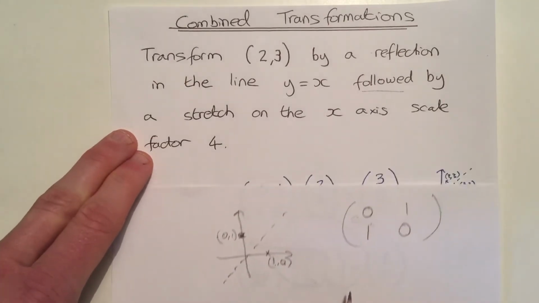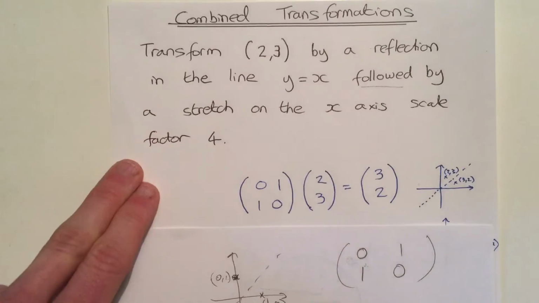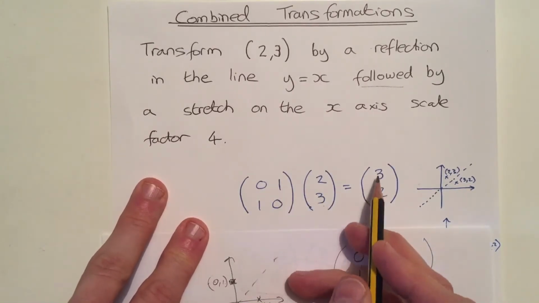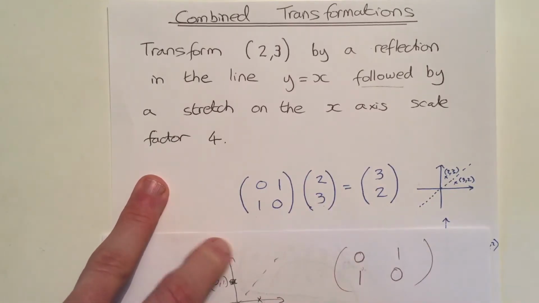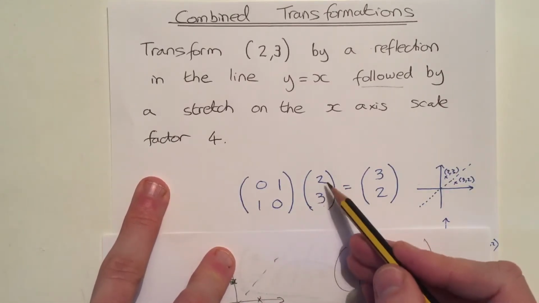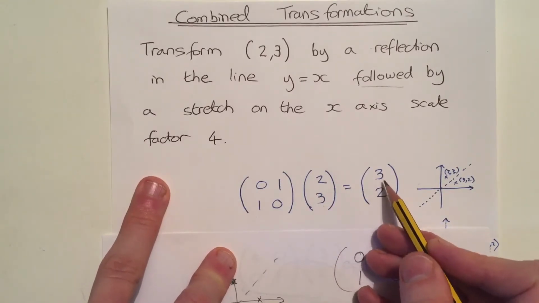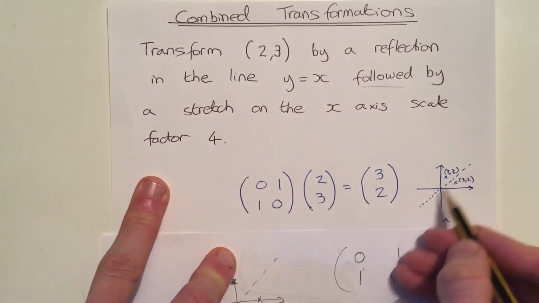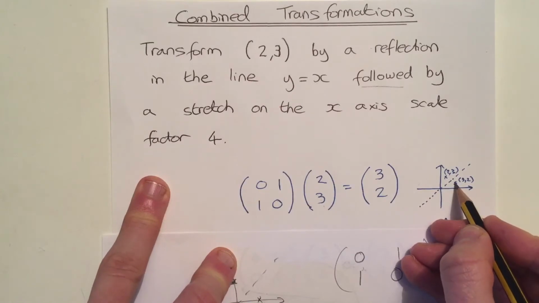So if I apply that to the coordinates (2, 3), 0 times 2 plus 1 times 3 is 3. 1 times 2 plus 0 times 3 is 2. So the coordinate (2, 3) gets mapped to the coordinate (3, 2) under the reflection transformation. We can see here that that works. The coordinate (2, 3) gets reflected to the coordinate (3, 2).